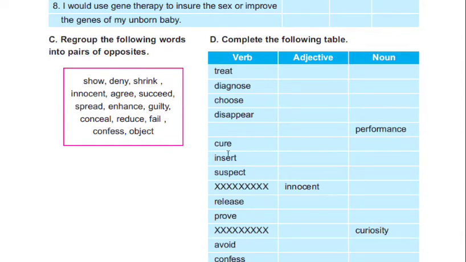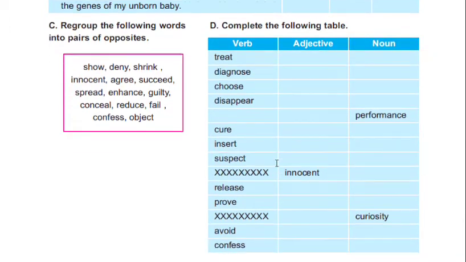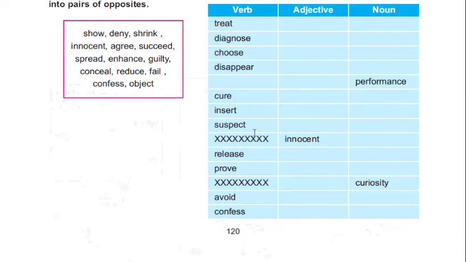Cure is a verb. Cure is also the noun. The adjective is curable, able. Insert is the verb. Inserted is the adjective, the past participle in the form of the verb plus ed. And the noun is insertion by adding ion.